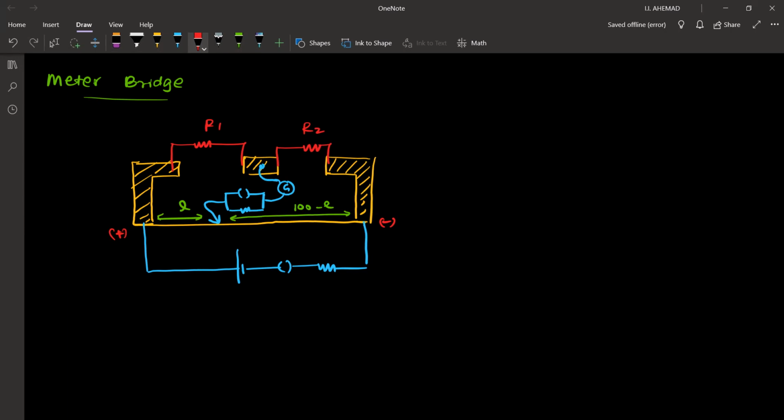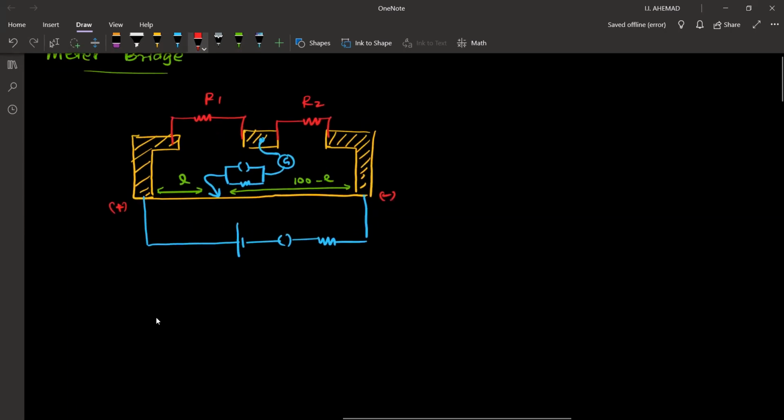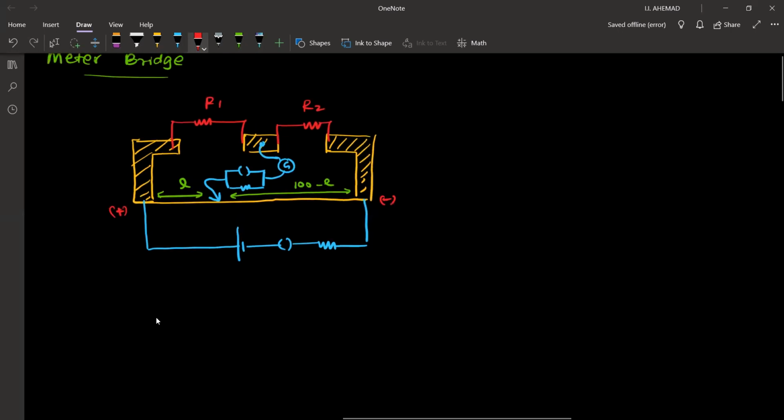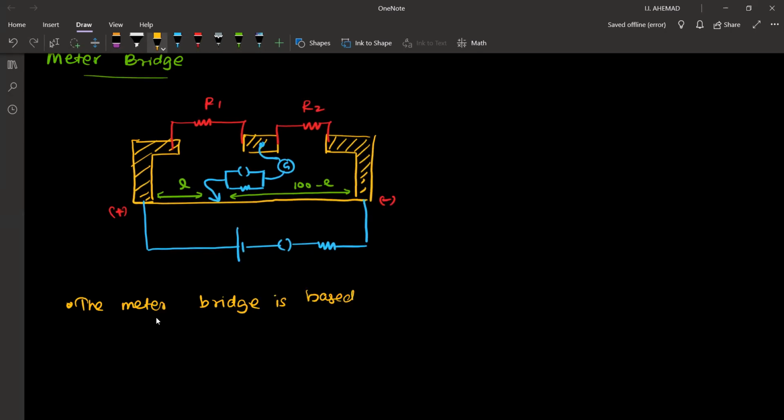So draw the circuit. The meter bridge is based on the Wheatstone bridge.